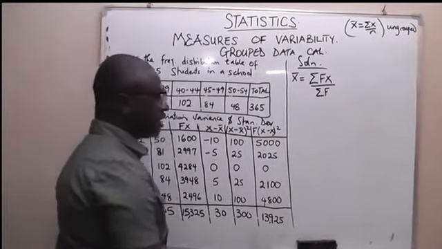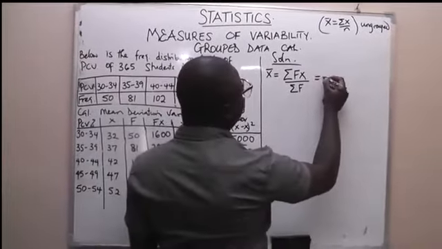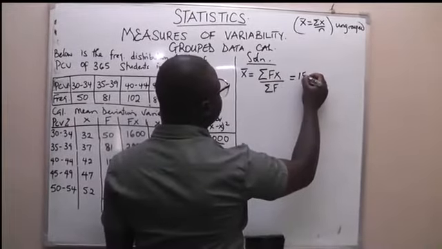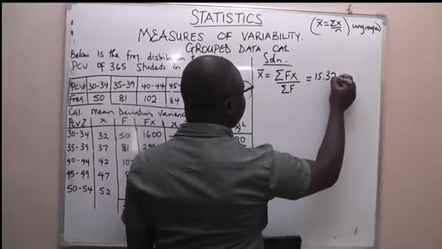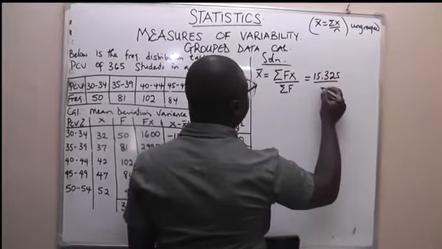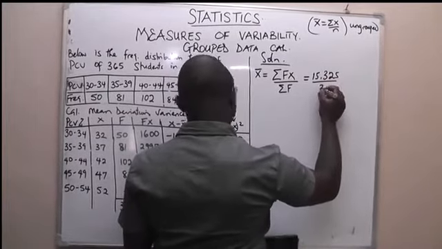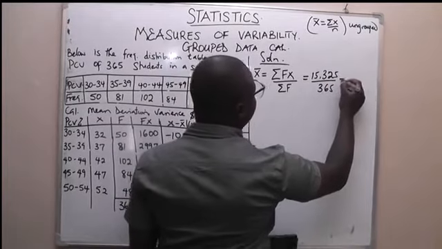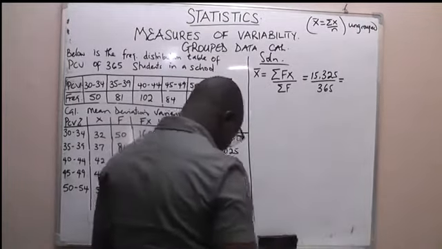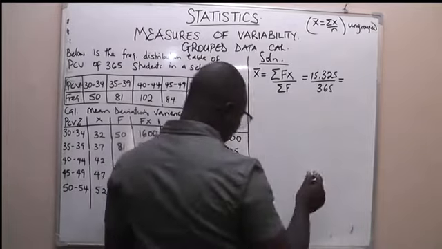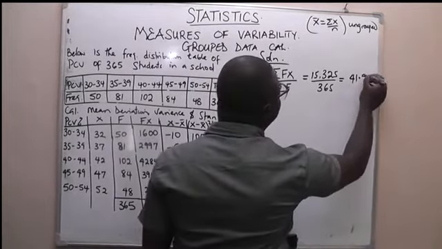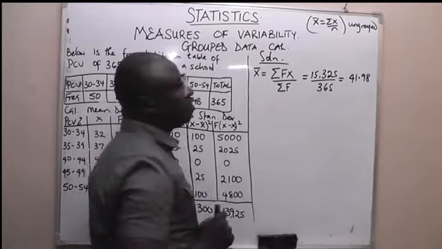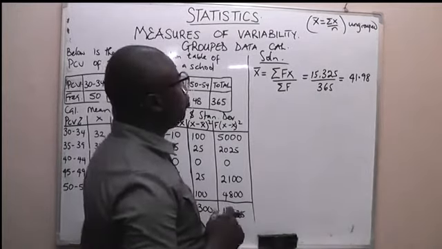So we plug into that formula: 15,325 divided by 365. Everything will give you 41.98. If you punch this on a calculator, it will give you 41.98.